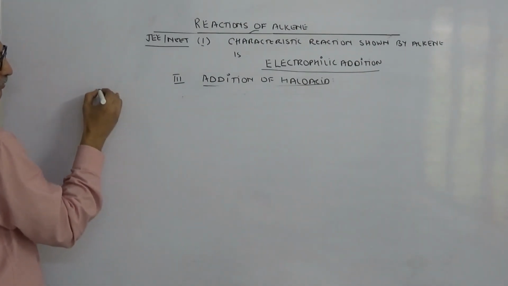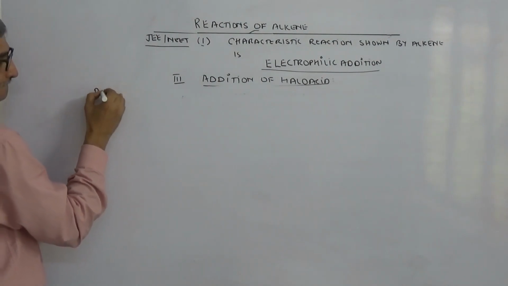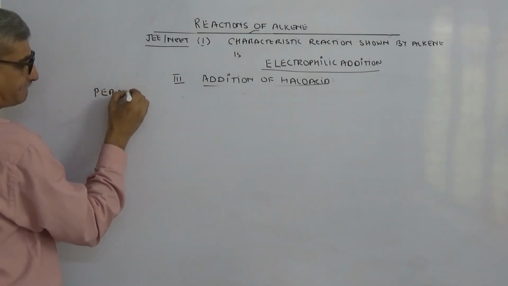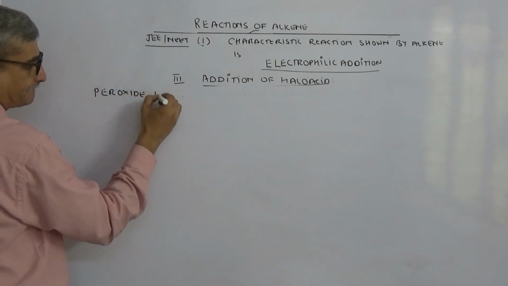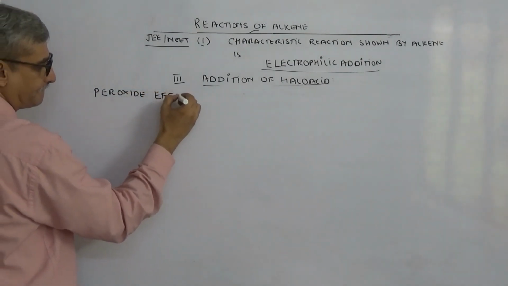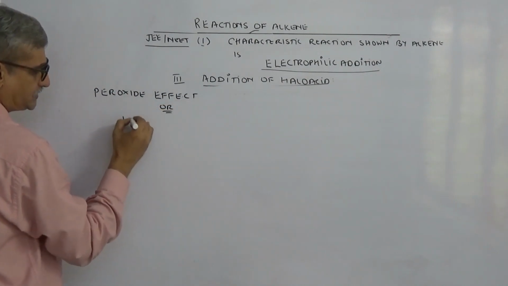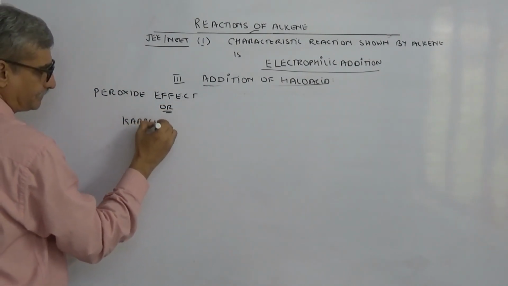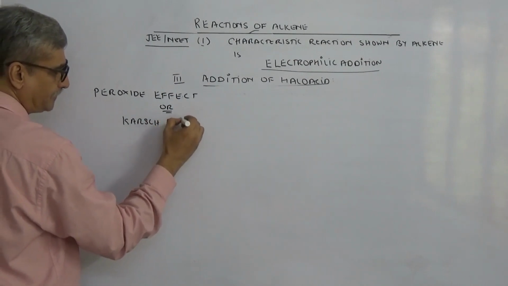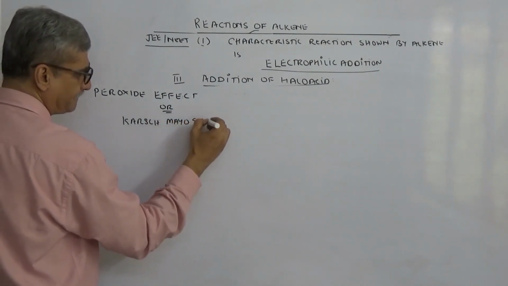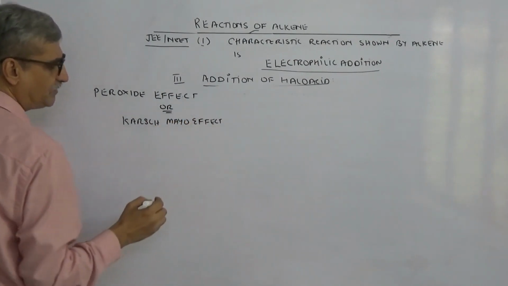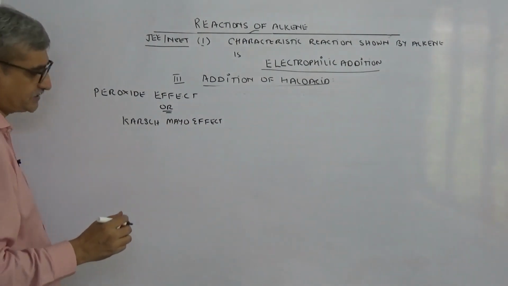We are now coming to what we call the peroxide effect, or it is also called the Kharasch-Mayo effect, or anti-Markovnikov addition.